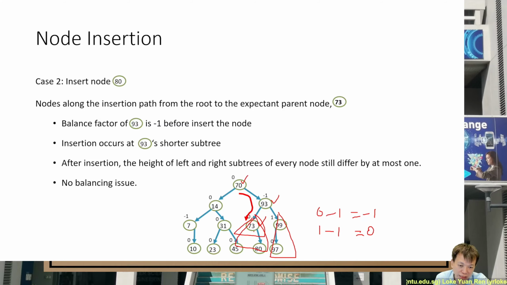You just need to re-evaluate the balance factor along these 3 nodes. And you'll find that the balance factor is still negative 1, 0, or 1. In this case, this whole binary search tree is still considered an AVL tree or balanced binary search tree. So there's no balancing issue.